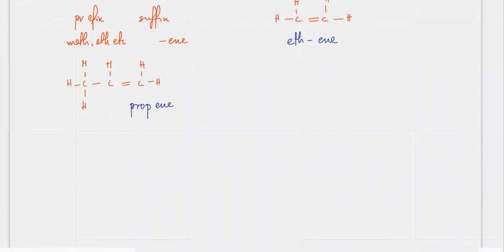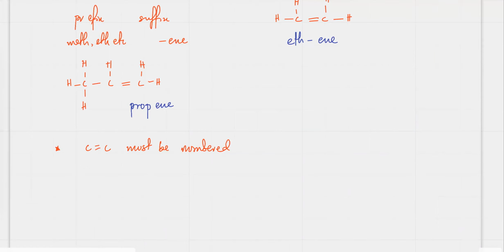When you reach 4 carbon atoms, you have to do something, and that is that the double bond must be numbered. Up till 3 carbon atoms, it doesn't really matter because the position doesn't really matter if you have 3 carbon atoms or 2 carbon atoms. But after that, the double bond has to be numbered.